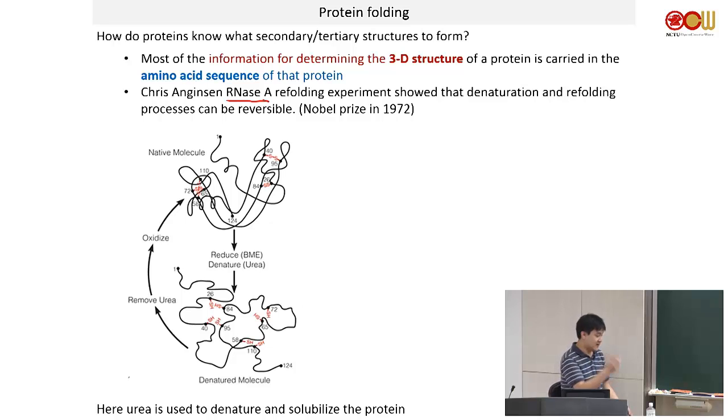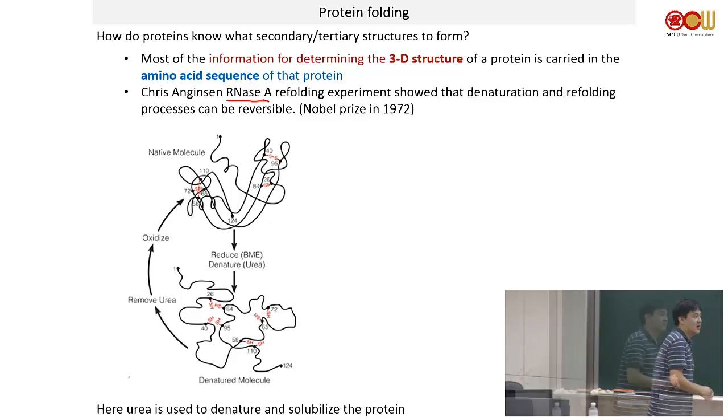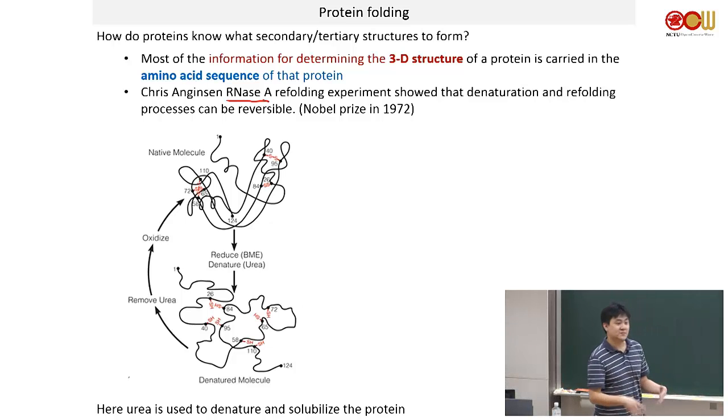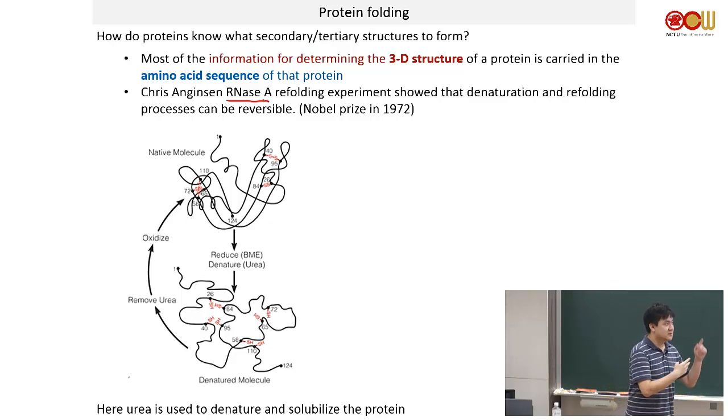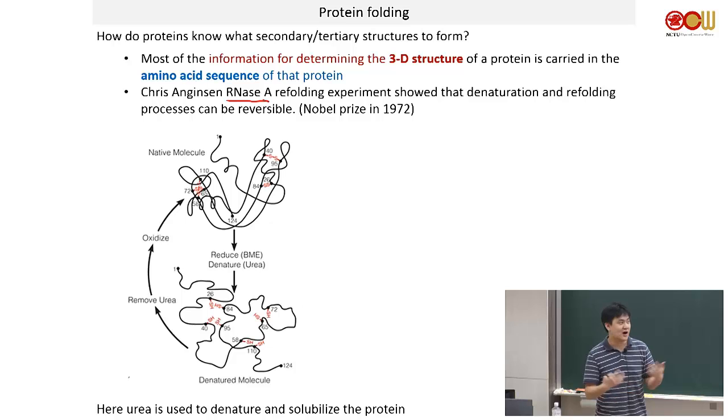So if later on, when you do undergraduate research or research in general, you work with RNA, you have to be careful because RNA degrades very easily, because RNase, the enzyme that degrades RNA, is very stable. You got RNase on your fingers, you got RNase everywhere. If you are not working in a very clean environment, your RNA degrades like crazy, okay? So RNase is quite stable.